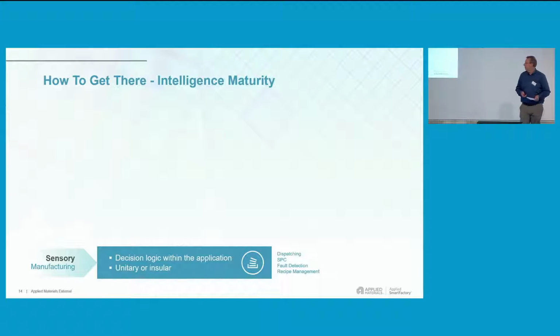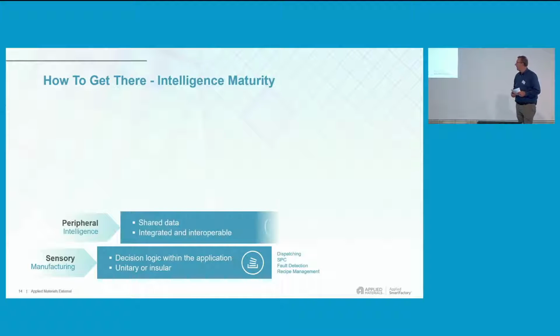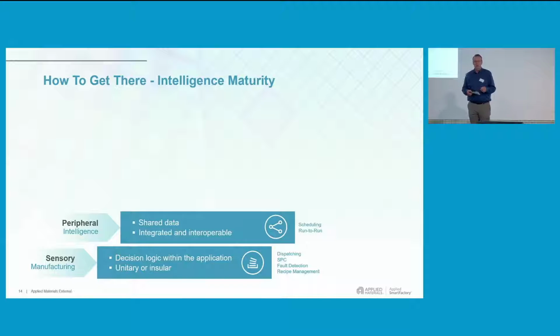And that's the way our fabs work in a lot of ways today. If you take the next step to peripheral intelligence, you're talking about looking one step up, one step down the processing chain, and being able to solve a common goal between two different systems that are in a finite processing area.